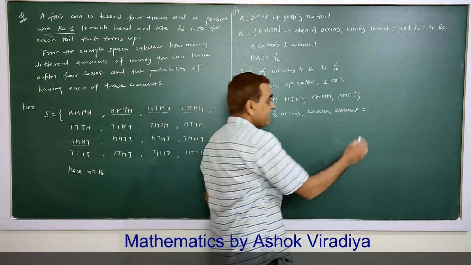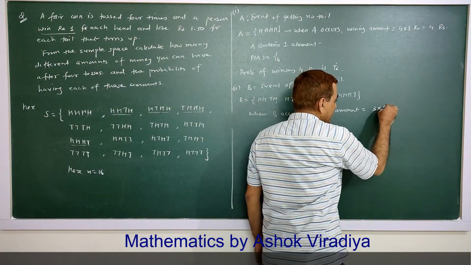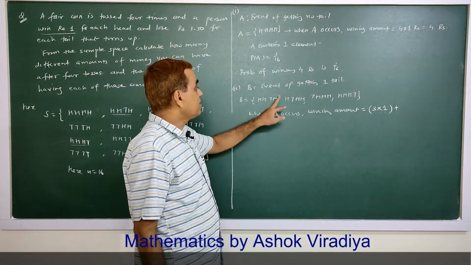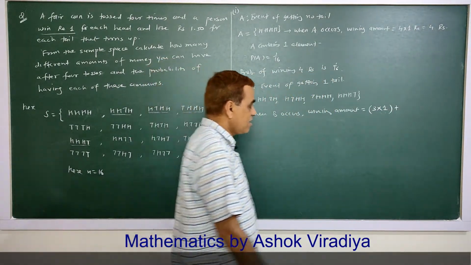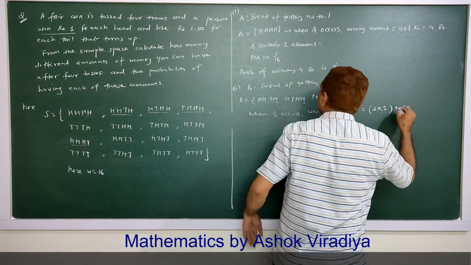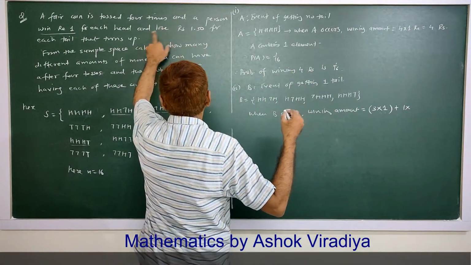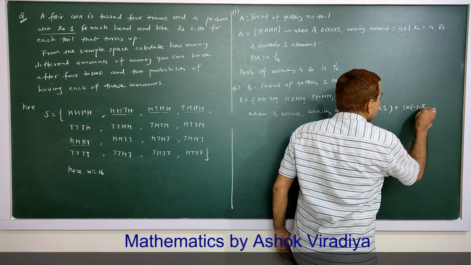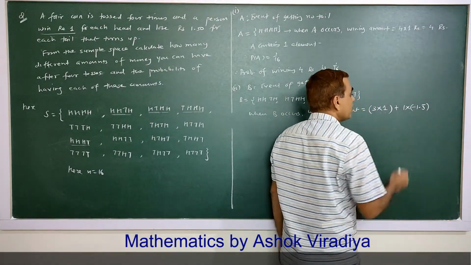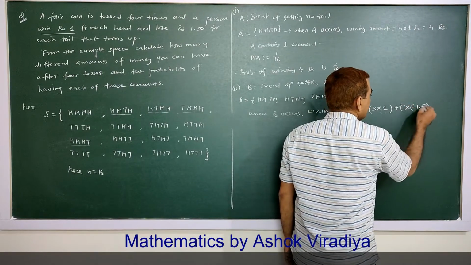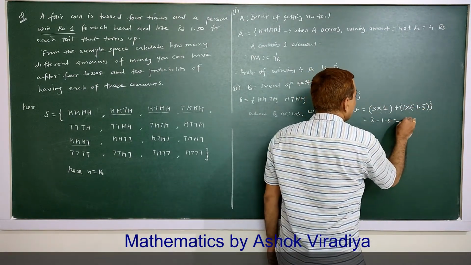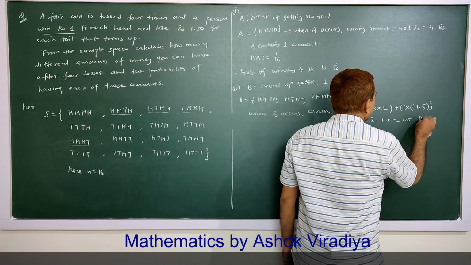So on 3 heads the person is winning 3 rupees, plus on one tail he is losing 1.5 rupees, that is minus 1.5. So this is 3 minus 1.5, so 1.5 rupees.